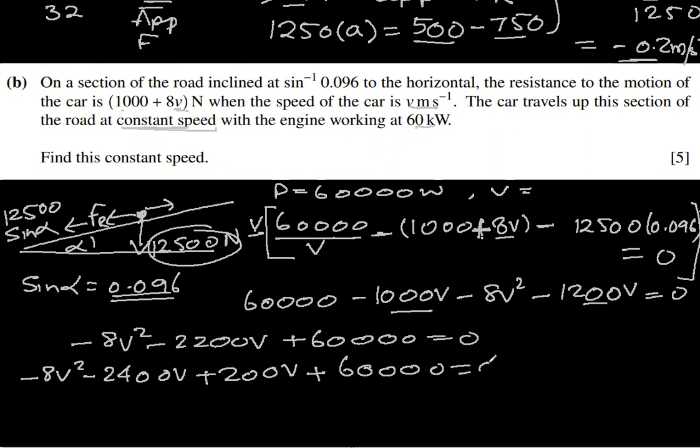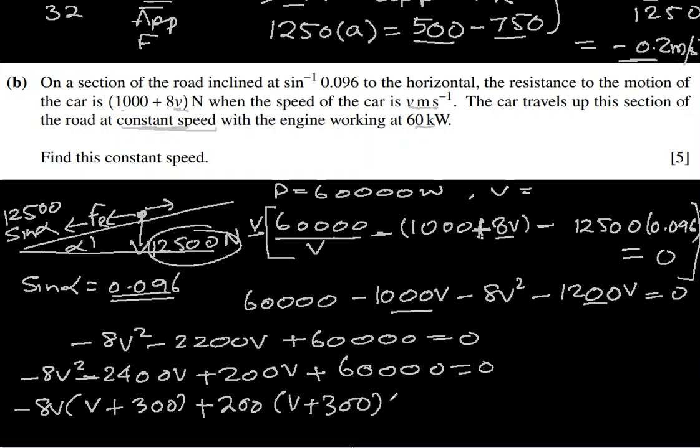I broke this minus 2200 into two parts so that I can get something common here, which is minus 8v, (v plus 300) plus 200 (v plus 300) equal to 0.